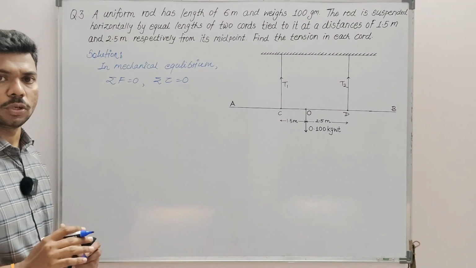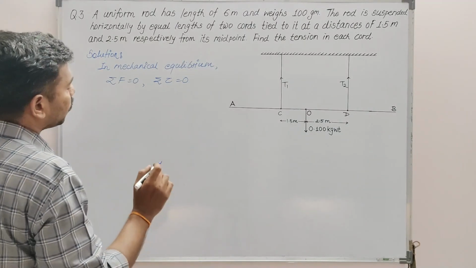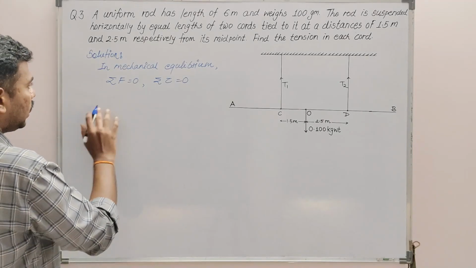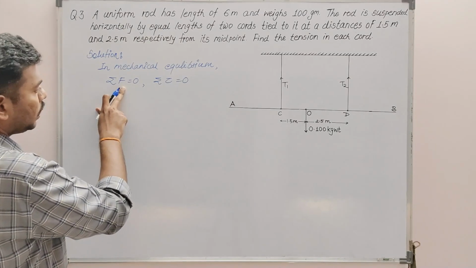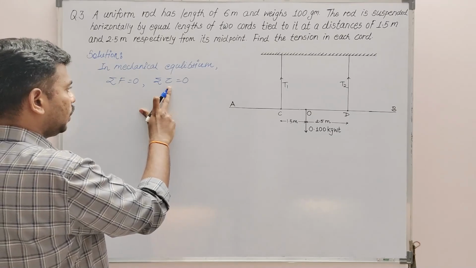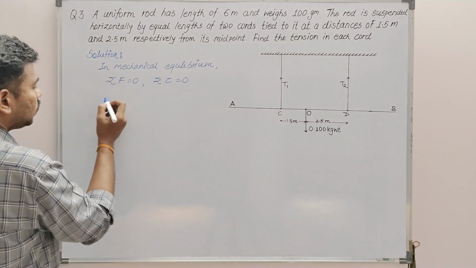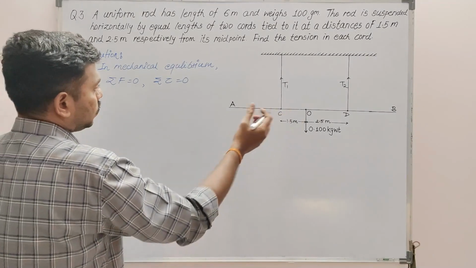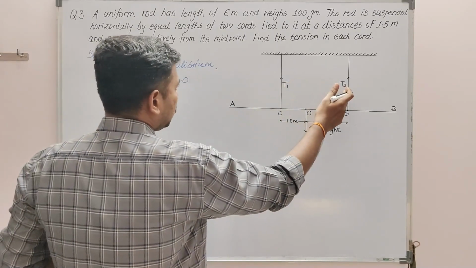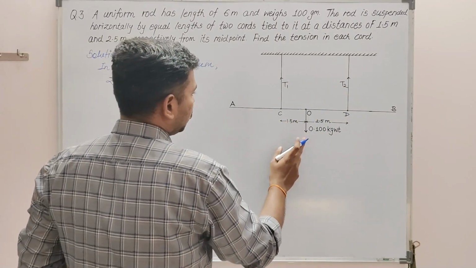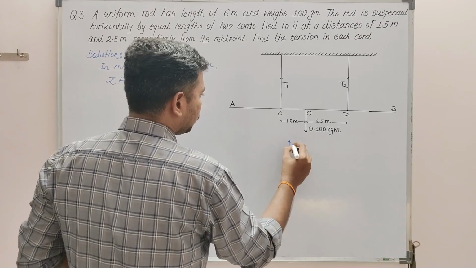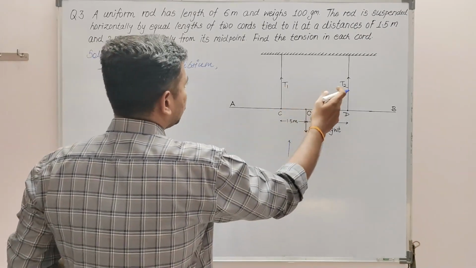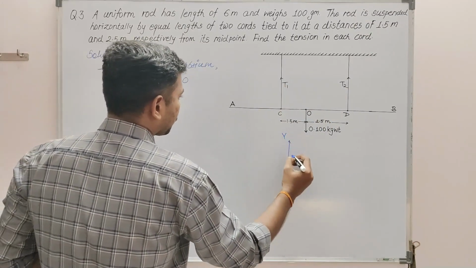It means summation of torque acting on the system is 0. Now we can write down one equation with respect to this condition and another equation with respect to that condition. Because of the total force, there are three forces actually working: T1, T2 and the weight. As we have the positive axis vertically upward, we can take T1 and T2 positive.